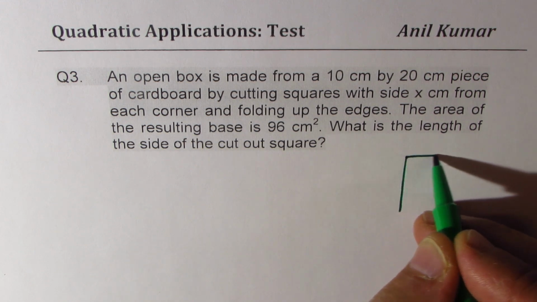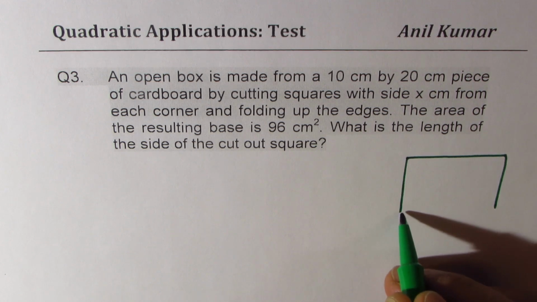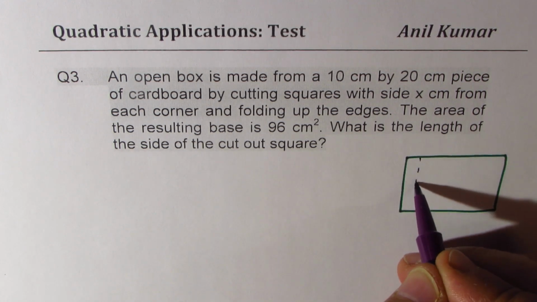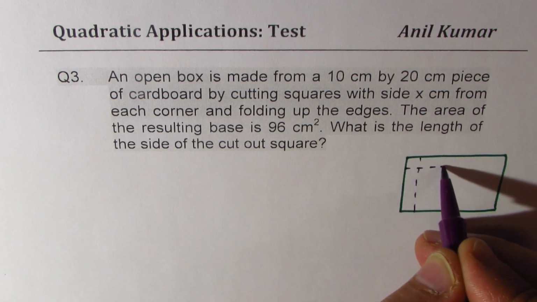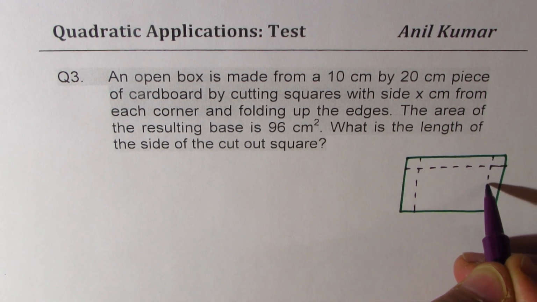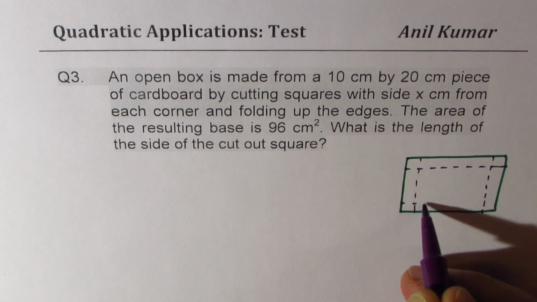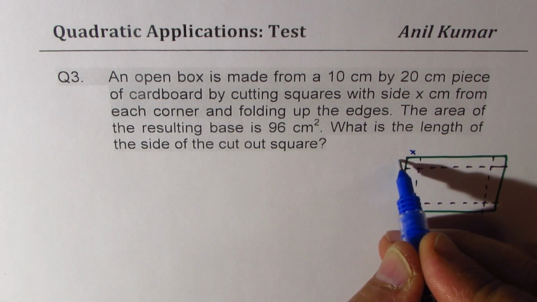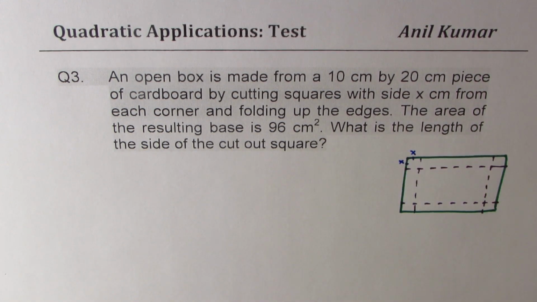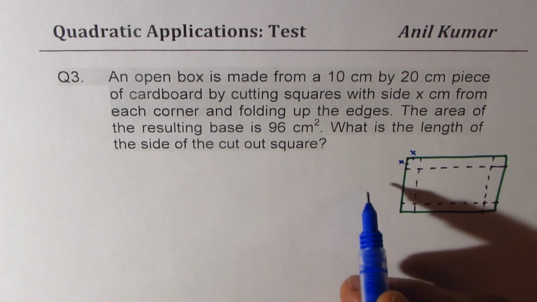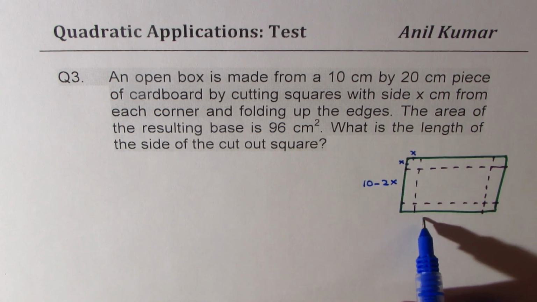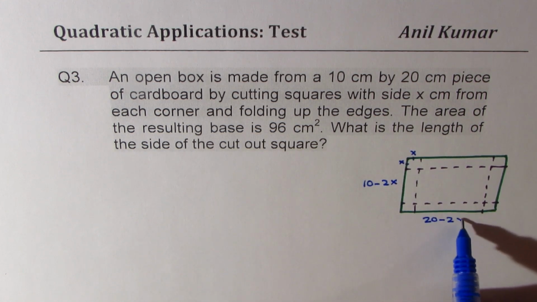Okay, so let us say this is the cardboard box from which, from each corner, squares have been removed, x by x. So let's say this is x and that is also x. In that case, the width will get reduced by 2x and length also will get reduced by 2x.